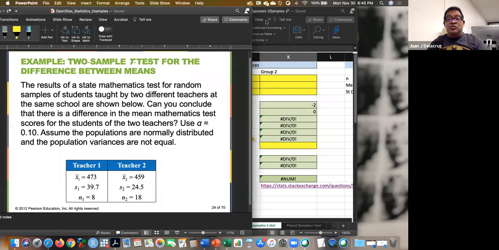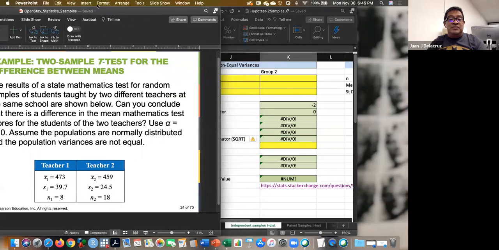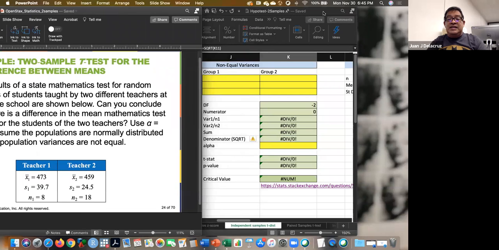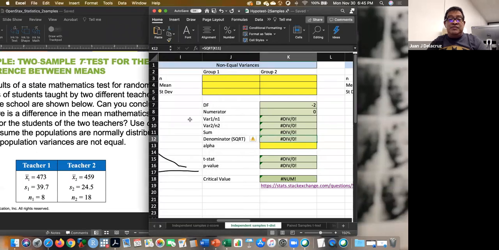So all we have to do in this case, let me move this a little bit, is that we are going to be using this information. So the sample size here is going to be 8 for the first, it's going to be 18 for the second. The mean value is 473 for the first sample. And this value for the second is 459.